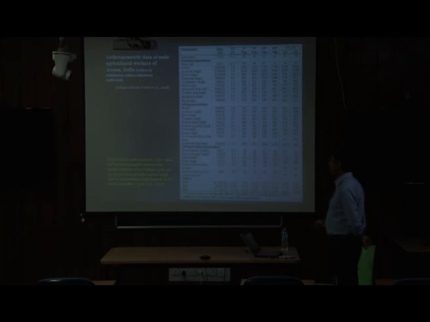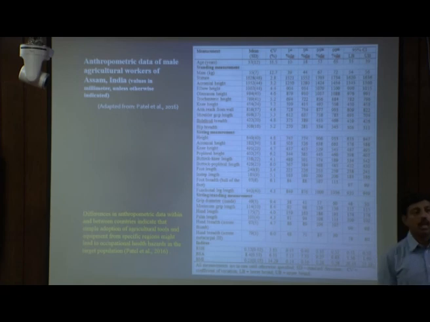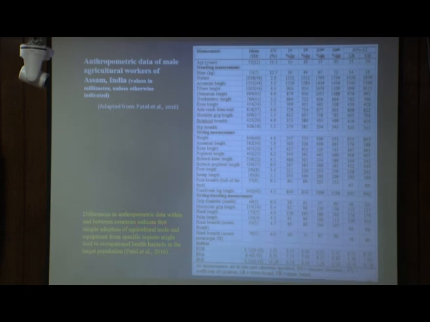For example, if we see this particular research work by Patel et al., describing the comparison of anthropometric data of Assamese agricultural workers with anthropometric data from various regions of India as well as from other countries, Patel et al. mentioned that differences in anthropometric data within and between countries indicate that simple adoption of agricultural tools and equipment from a specific region might lead to occupational hazard in the target population.